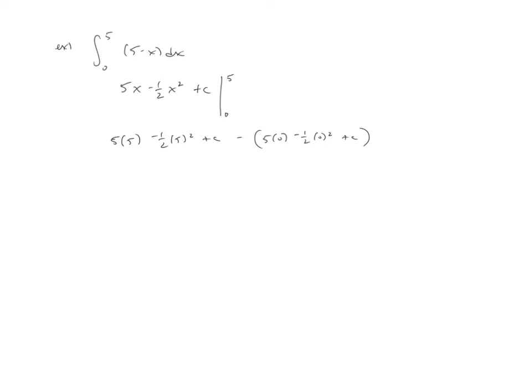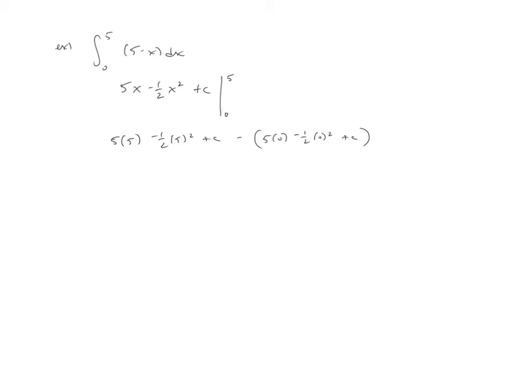Now, a couple things here first, and then a little bit of number crunching. This plus c, right? We added the plus c as we always should for indefinite integrals. But for definite integrals, because of how we evaluate by the top number minus the bottom number, we're going to have this plus c minus c every single time.